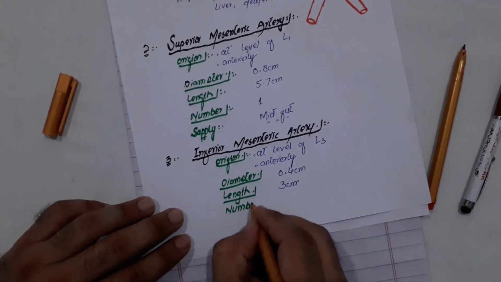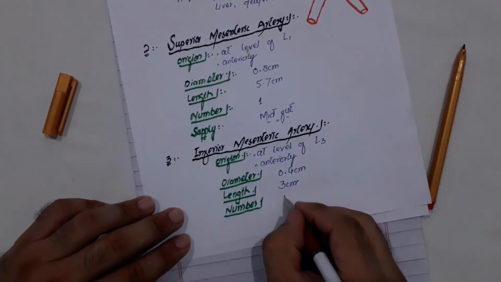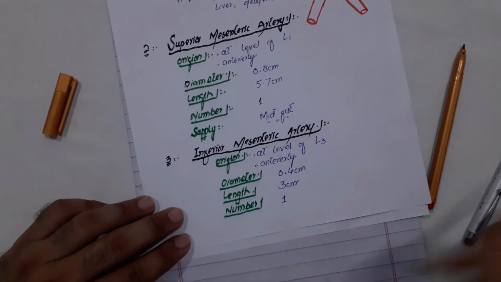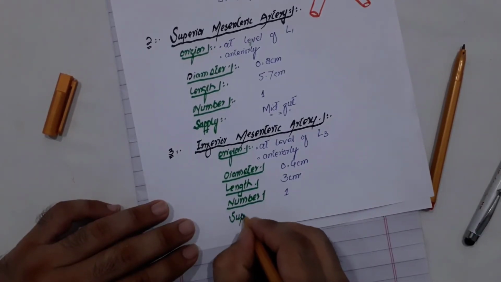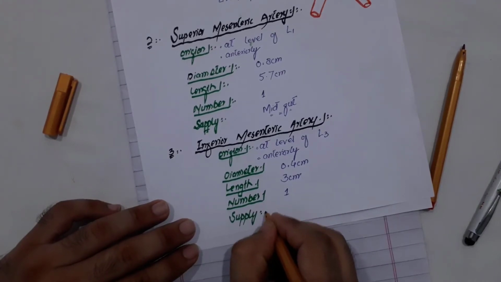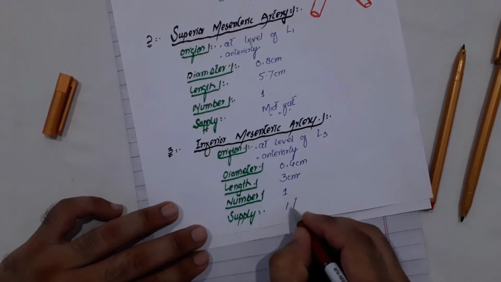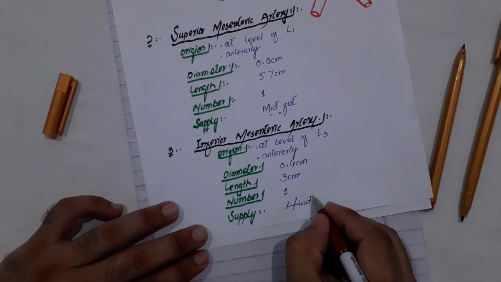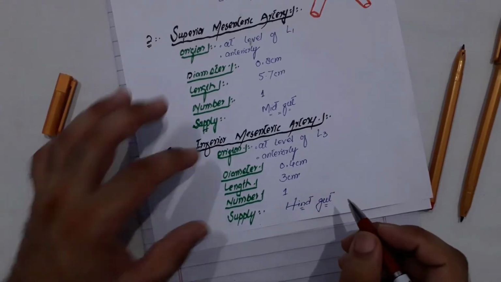And how many inferior mesenteric arteries do we have? Everyone knows there is only one inferior mesenteric artery. And what does it supply? It mostly supplies the hindgut, right, and we will see its branches in the coming lectures.